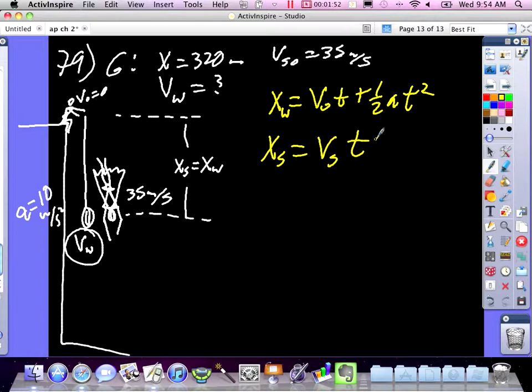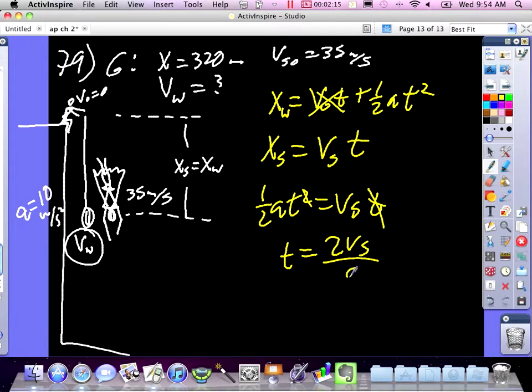We know that these two are the same, and we know, yeah, two equations, two unknowns. Oh, well, actually, that v0 term goes away. Intriguing. So can we find something out from this? If we say 1/2 at squared equals vs t, that goes away. Then we get t is equal to 2 vs over a.